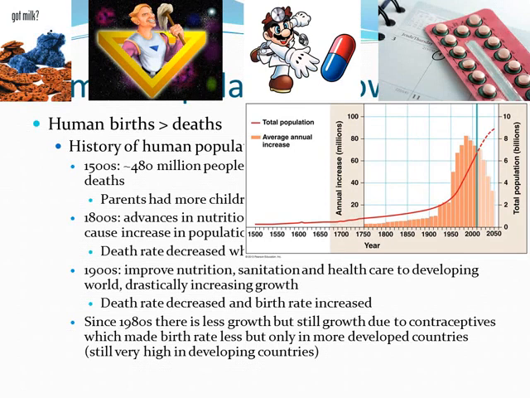This decrease is partially due to the contraceptives that were introduced after the 1980s, so that decreases the birth rate. However, this only occurs in the developed countries, meaning that there are still pretty high birth rates in the developing countries at this point in time.